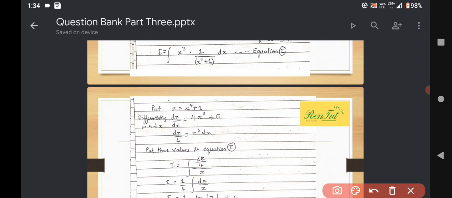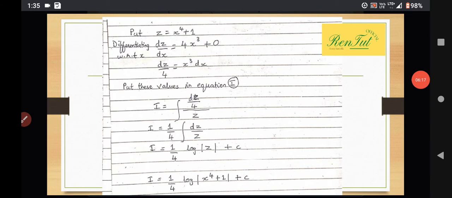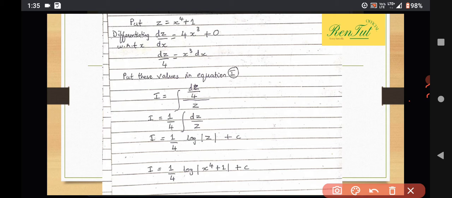We have converted equation number 1 into this step, and we have discussed how we have written it. Now you see this divided by 4, so this 1 by 4 will come outside of the integration sign. This is the remaining part, dz by z. Integration of 1 by z would give you log z.